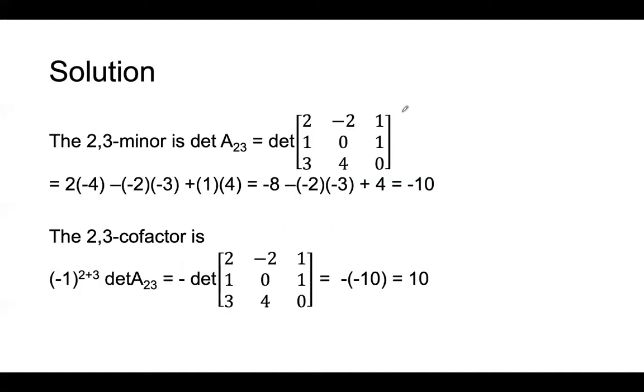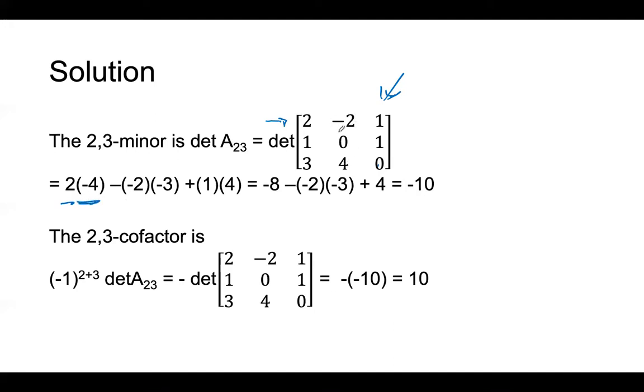Okay, so we can calculate the determinant of this. Again, we could go along this first row. So 2 goes out front, and then I won't write this all out, but 0 times 0 minus 4 is where we get this.